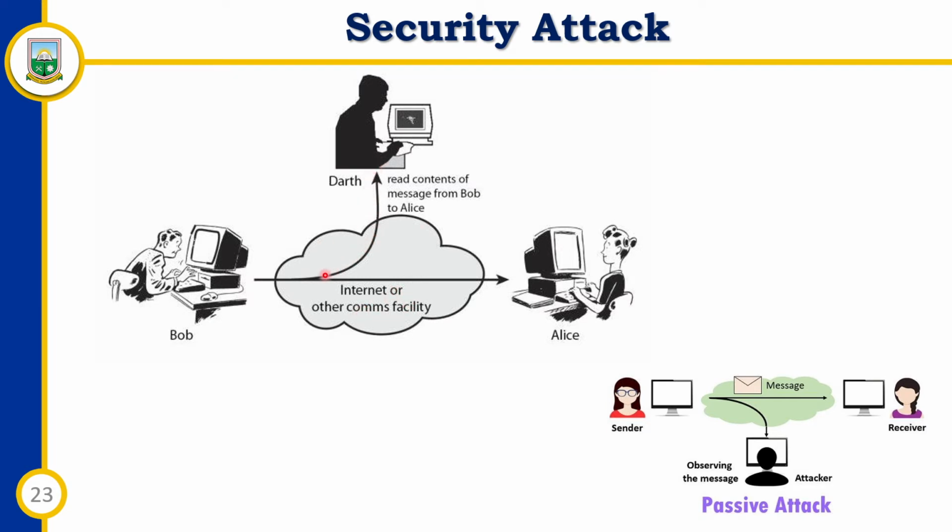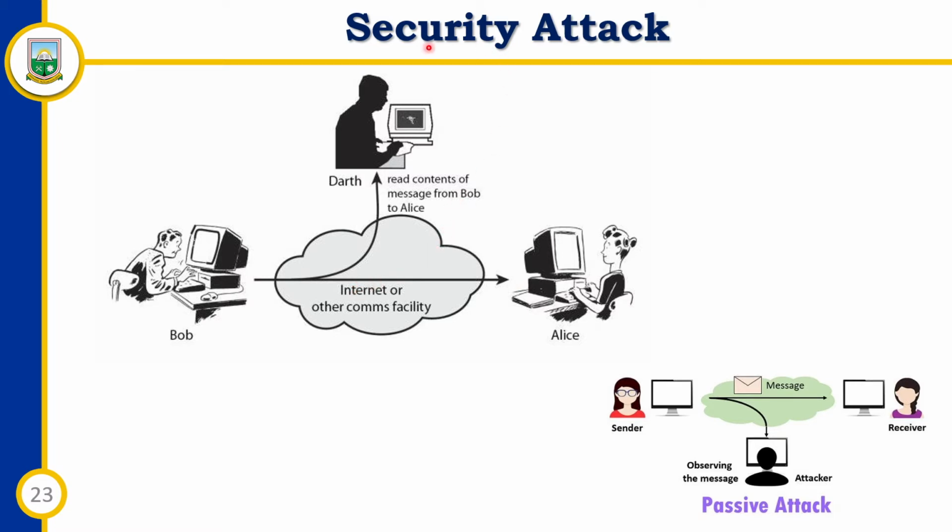By tapping into, I mean to sniff or to eavesdrop on that information sent by Bob. His main concern is to read the content of the message from Bob to Alice. He doesn't do anything to it. By reading it, he can analyze and do other things.